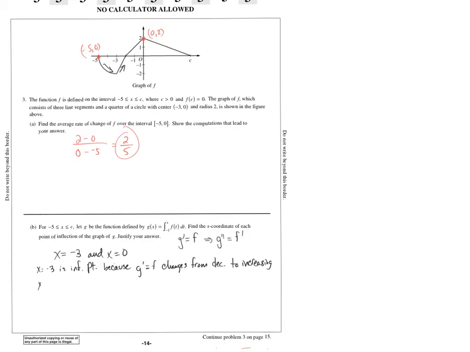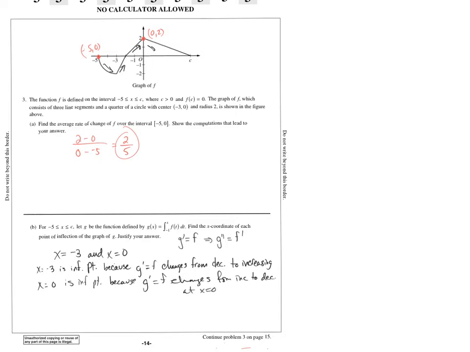And then we can do the same thing at x equals 0, where the slope of f, which is the slope of g prime, changes. So we can say this is an inflection point because g prime, which equals f, changes from increasing to decreasing at x equals 0.